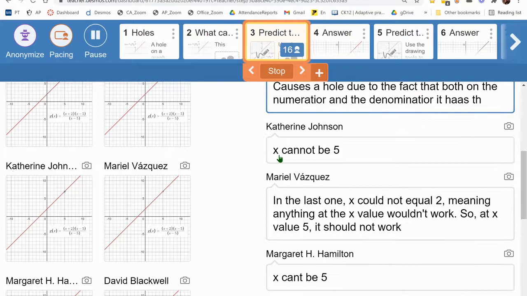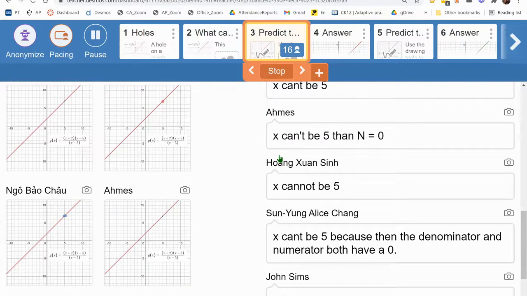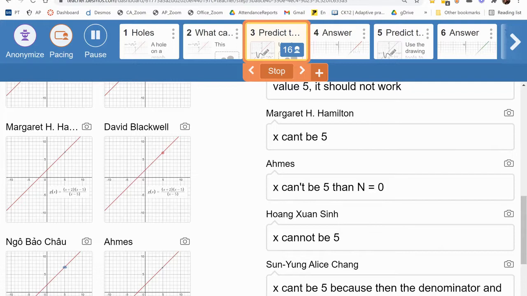Okay, so let's see, I'm getting a little bit more detail from folks. I'm seeing things like the word denominator and numerator, right? Good, those are words I want to see. Those are important words. The denominator and the numerator cannot be what?